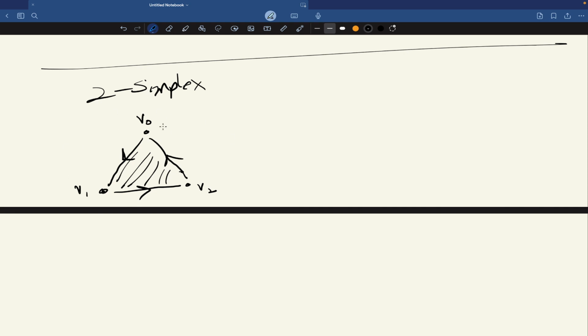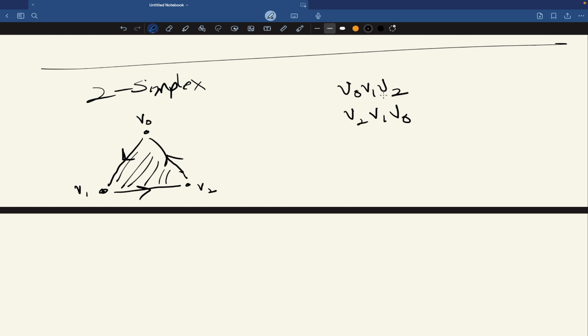So how to denote this simplicial complex? Now we know that to denote this simplicial complex, I will write the two simplex notation, in which I write all these three vertices and concatenate them. So V0, V1, V2 is denoting this simplex. But also I can write V2, V1, V0, right? So how to decide the sign of this complex?